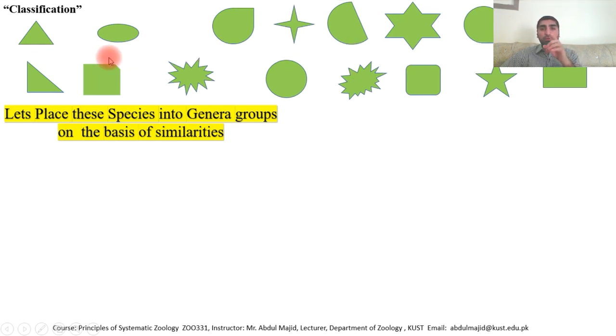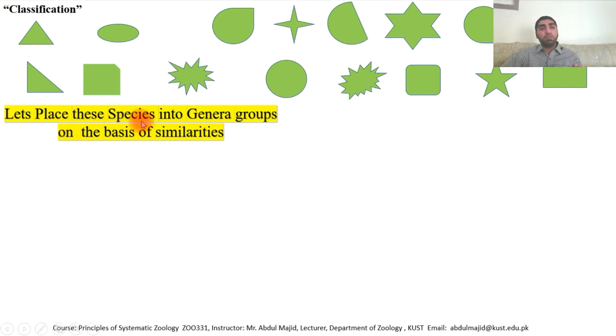You will think about certain characteristics which are common in them, and you will place them, though every structure is different from another. This is different from this one, different from this one, everyone is different from the other one, but there are some characteristics, if you think about them, that are in common.